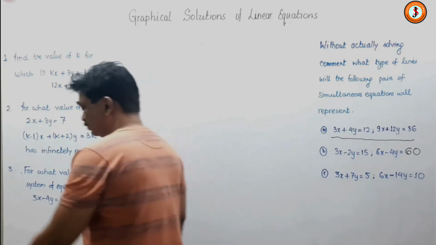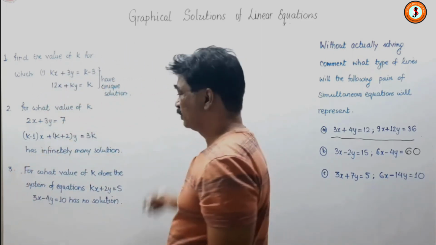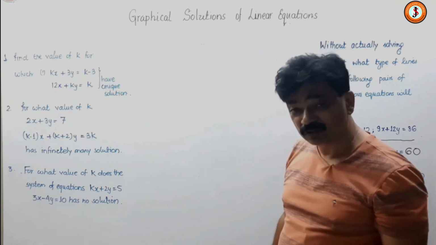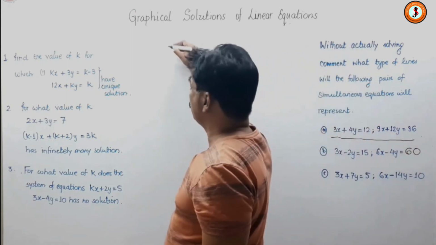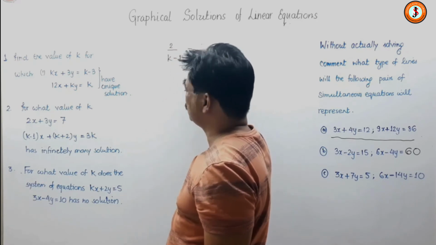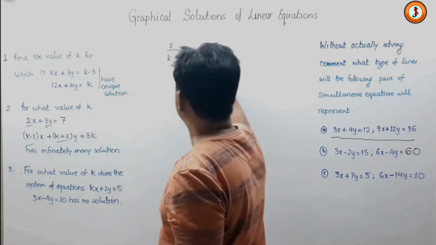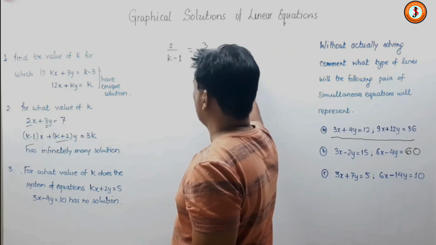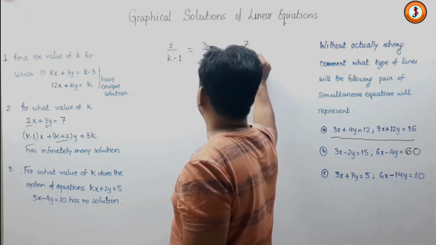Next question: for what value will they have infinitely many solutions? For infinitely many solutions, we need a1 by a2 equal to b1 by b2 equal to c1 by c2, same line. So a1 by a2 is 2 by k minus 1, then b1 by b2 is 3 by k plus 2, and last is 7 by 3k.